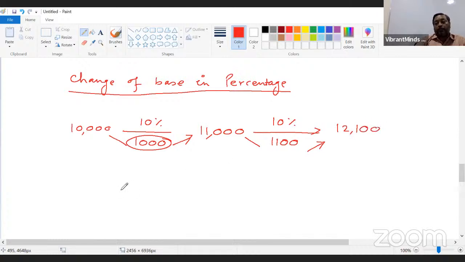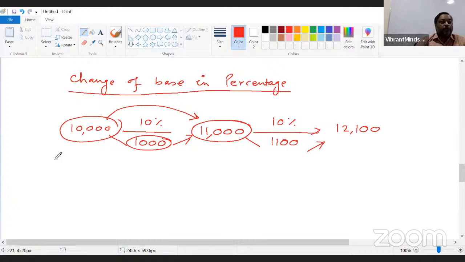Is it okay, guys? Did you get my point? So from 10,000, the base of calculation shifted to this 11,000. Is it clear? People, is it okay? So now base change.